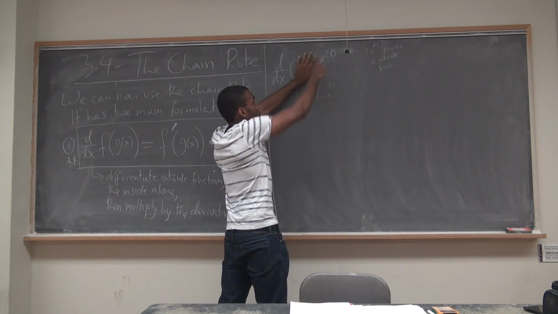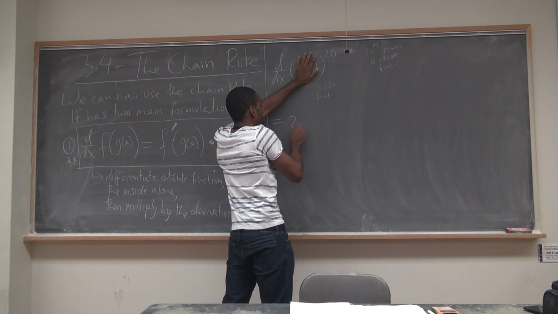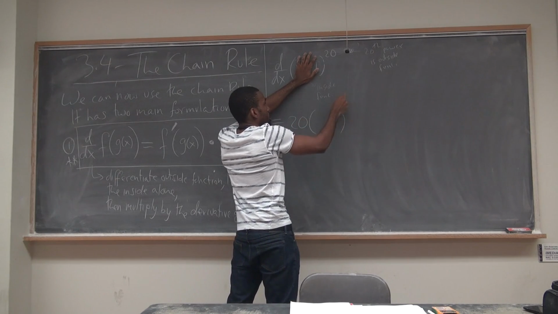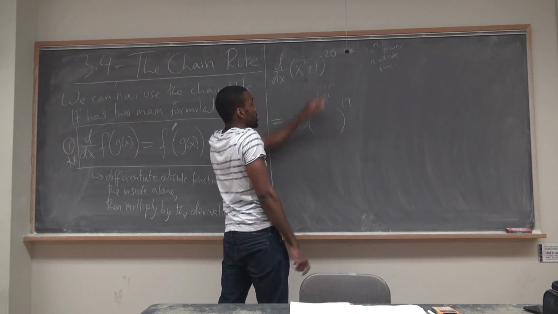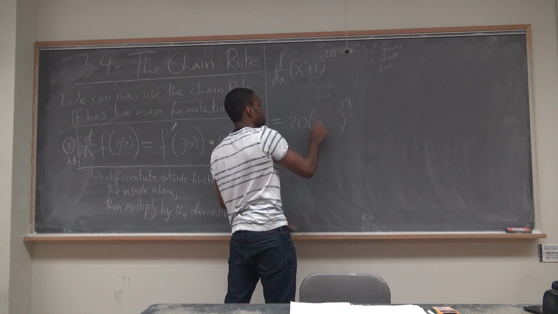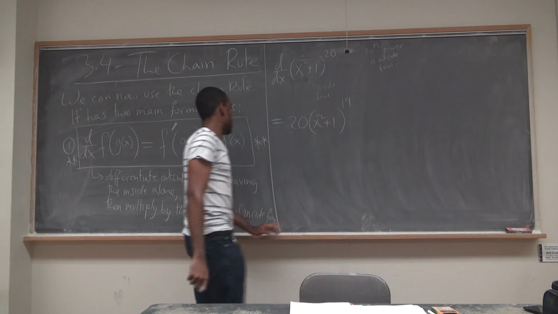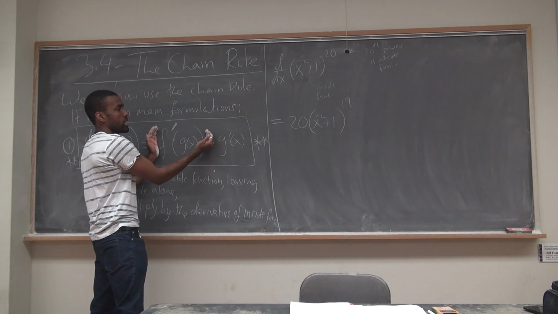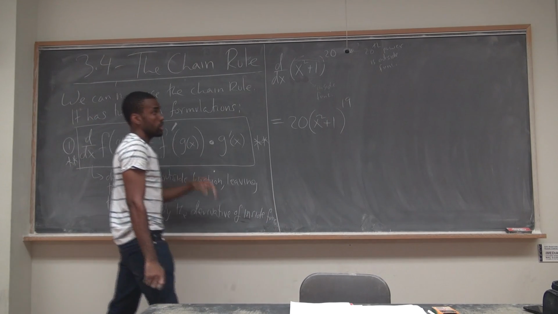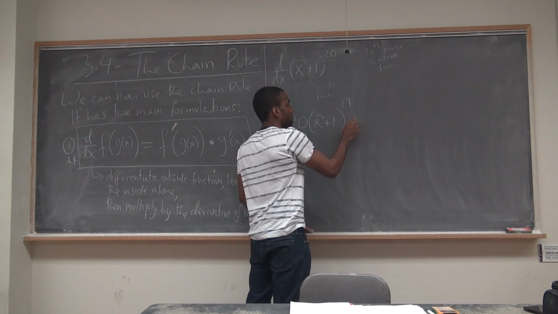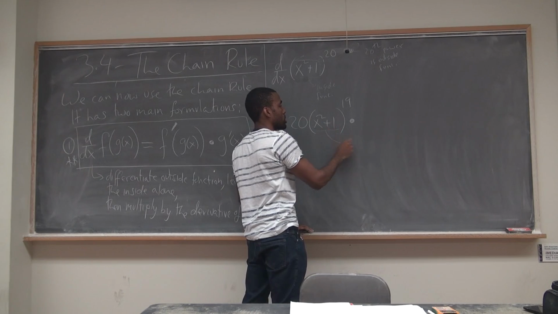So if I had something to the 20, the power rule says I'm going to take that 20 down and then subtract 1 from the power, so now it becomes 19. Leave the inside alone. That's this part. You're differentiating the outside function, but the g of x stays intact, you don't touch it. Then you multiply by the derivative of what's inside.